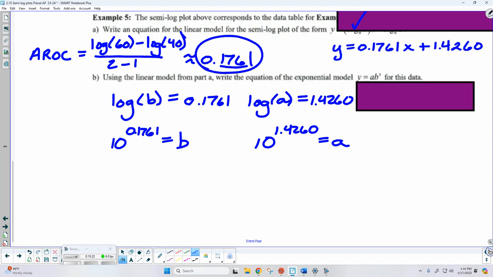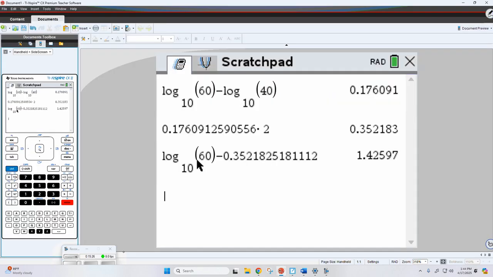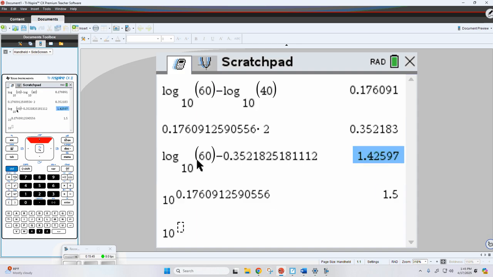And now I'll just turn into the calculator again. Okay. So let's see here. So I'm going to go ahead and say 10 to the power of. So the first thing I want is the slope. So I'm going to go ahead and choose that value. Okay. So here's my base of 1.5. And then let's do this one more time. But now I'm going to choose the y-intercept.